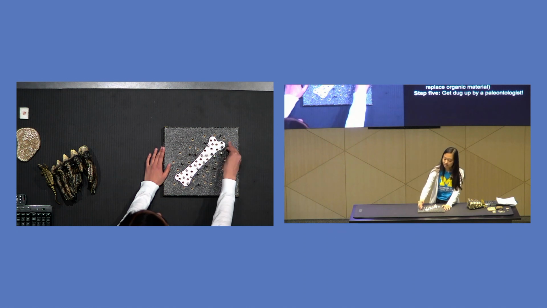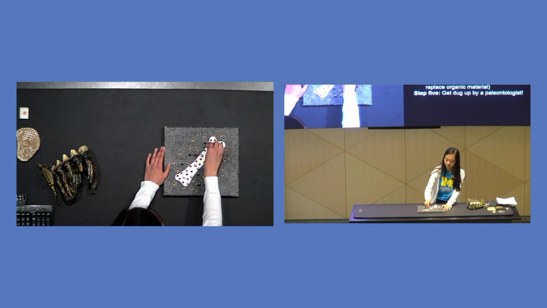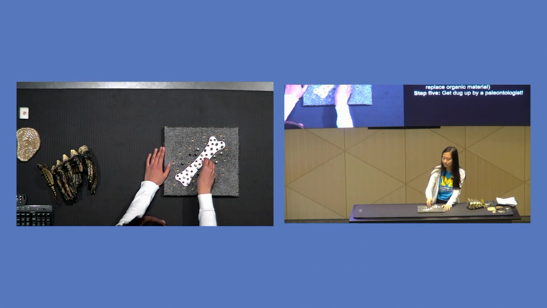And this happens over a long period of time. And eventually, what will happen is you'll get an exact copy of this bone, except all of the minerals will be replaced by rock.